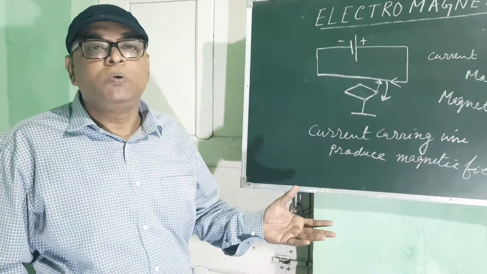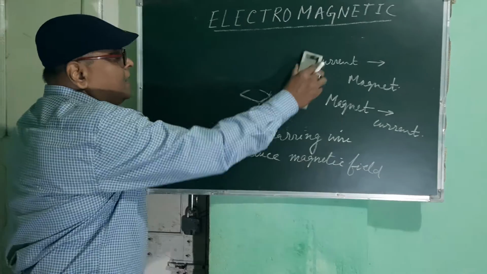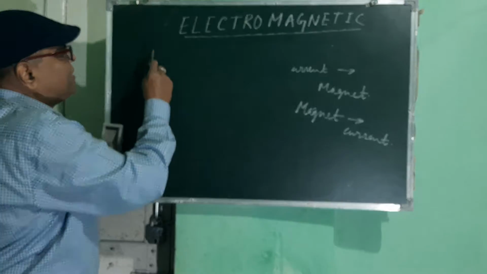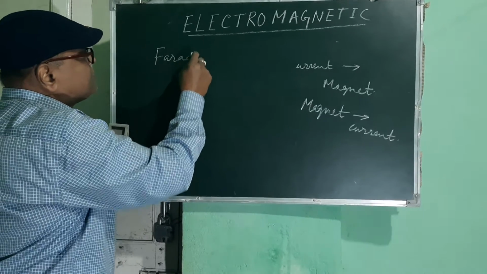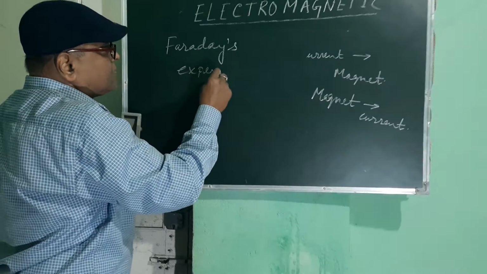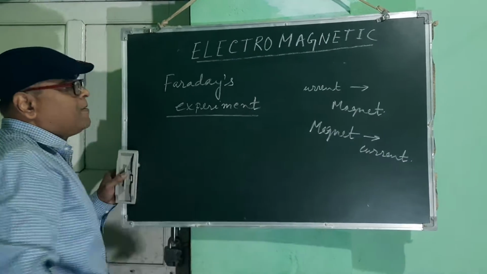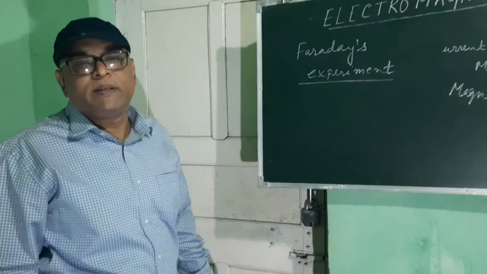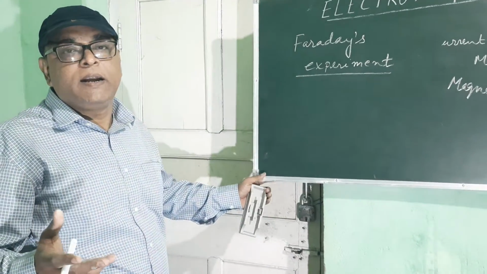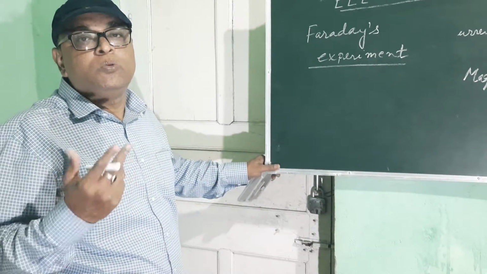They concluded that a moving magnet, Faraday's experiment, gives current in a closed loop.